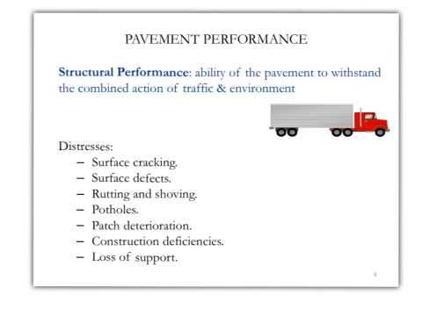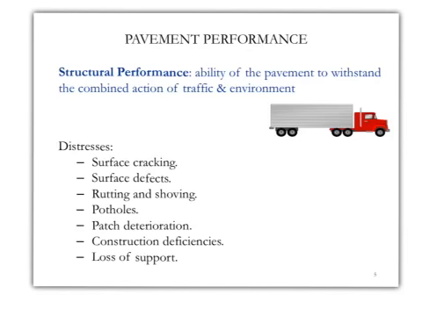Again, it's the environment. Those two reasons, traffic as well as environment, typically generate several types of distresses. For example, we're going to see surface cracking. Surface cracking can be thermal cracking as well as reflective cracking and fatigue cracking. We also can see surface defects, rutting and shoving, and potholes. We can also see patch deterioration.